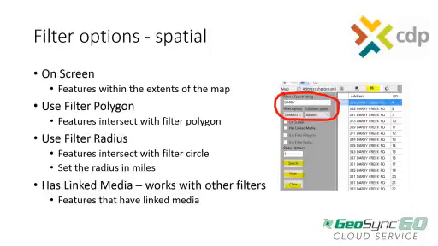Linked media will work with the other filters. On the spatial filters, on screen, filter polygon and filter radius are unique. You can't combine those together as a search, and if you try, it'll use whichever one it comes to first.